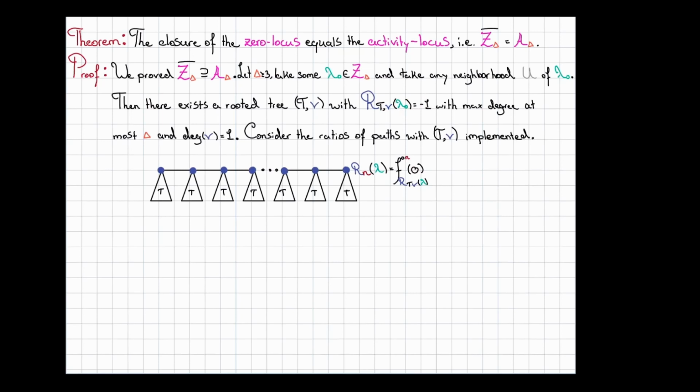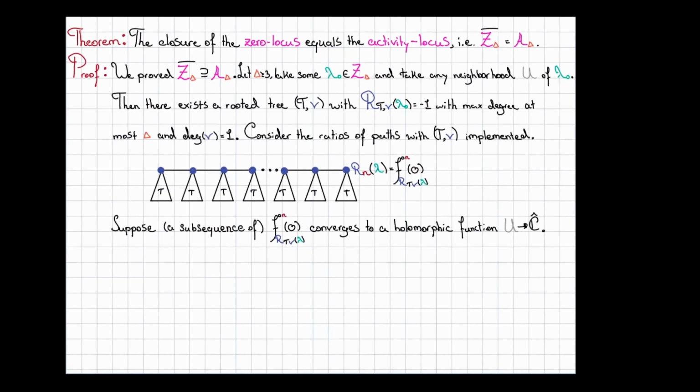Well, we saw it corresponds to iterating this Möbius transformation. These are ratios inside our family of ratios. So if our family of ratios were normal on this neighborhood U, then we should have a subsequence that converges to some holomorphic function.